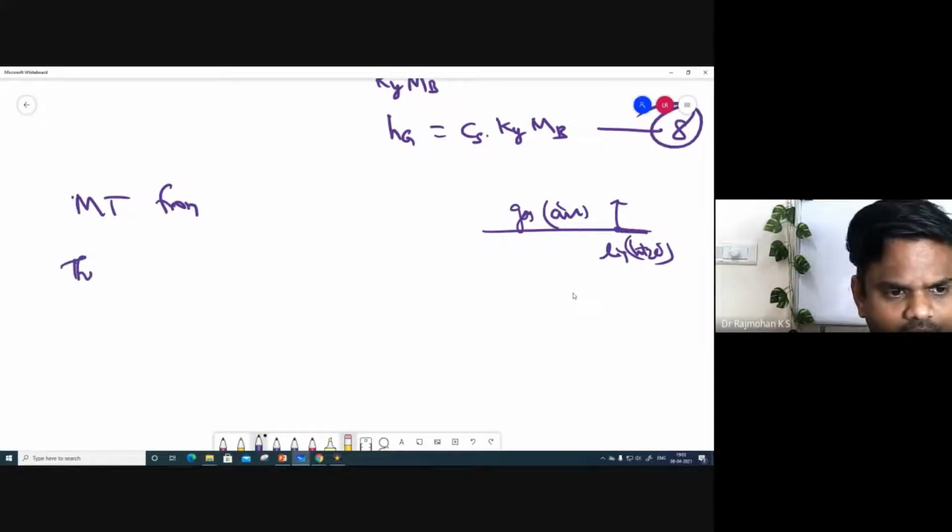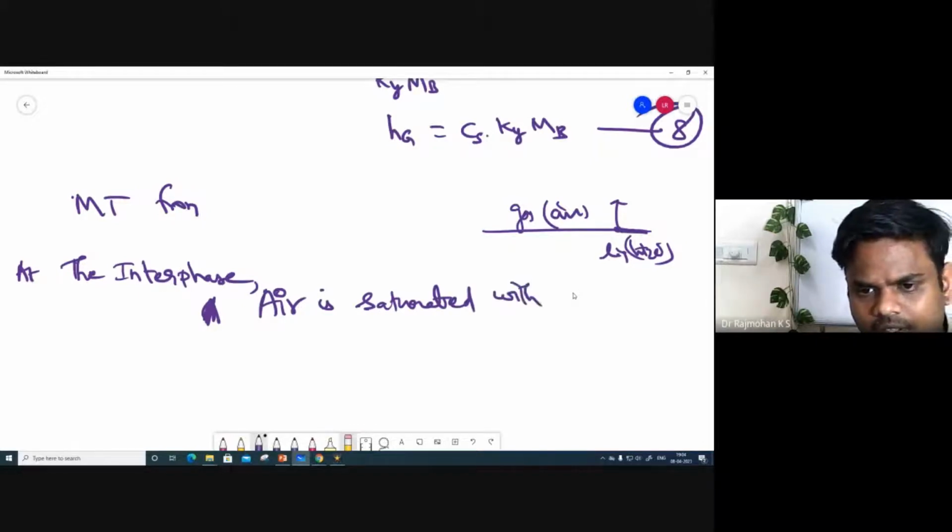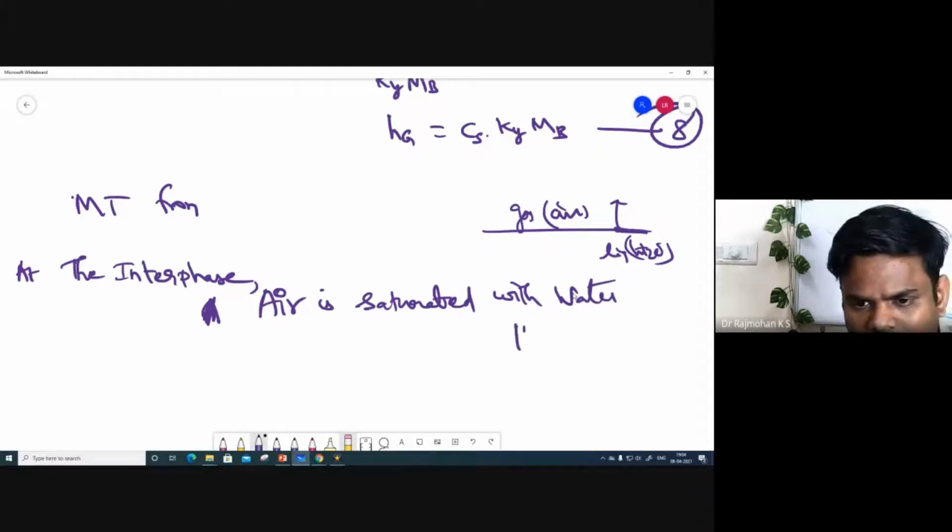We can say at the interface, whatever air is there, at the interface air is saturated with water. Air is saturated with water means whatever is the humidity present there, so that is saturated humidity.